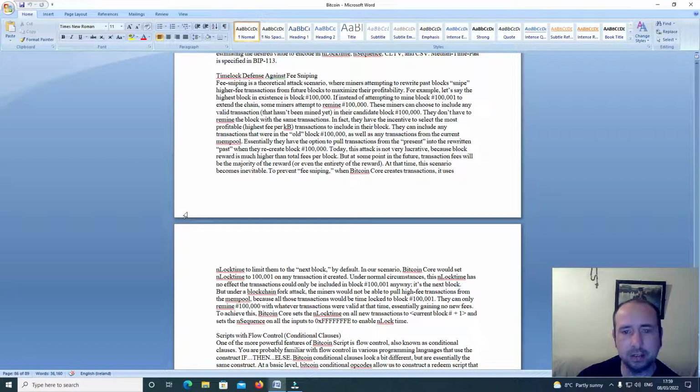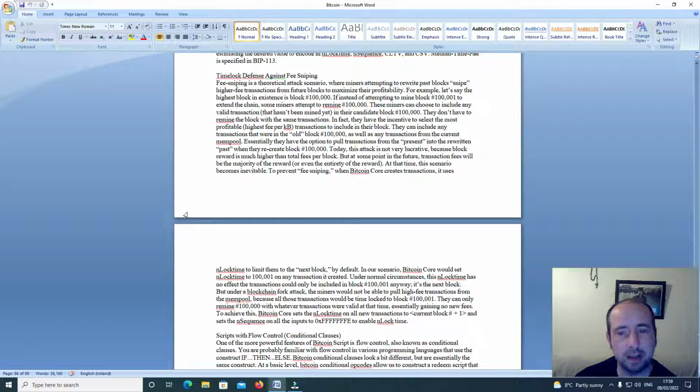If instead of attempting to mine block 100,001 to extend the chain, some miners attempt to remine block 100,000, these miners can choose to include any valid transaction that hasn't been mined yet in their candidate block 100,000. They don't have to remine the block with the same transactions.